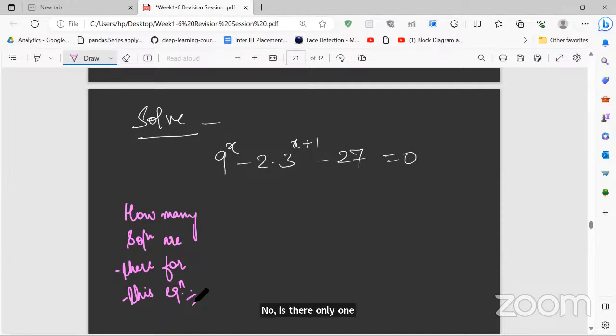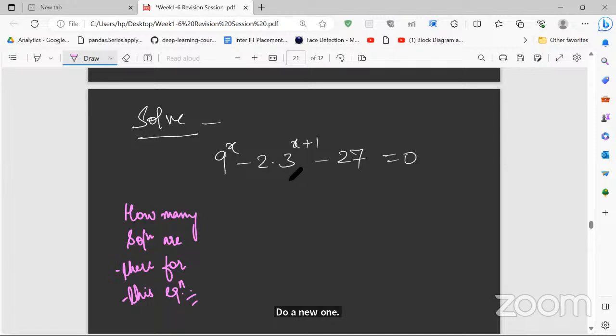We'll be taking 3 to the power x as a variable, converting it into a quadratic, and then solving. This is the mistake you make in the exam also. You can convert that into a quadratic, but you will not get 2 solutions, because one solution will not be in the domain.